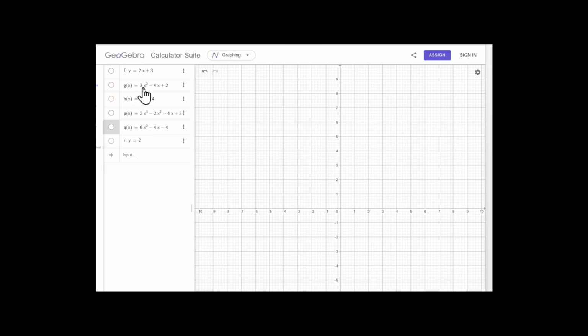Okay, we have 3x squared minus 4x plus 2, and it's a parabola that looks like that. Now, from infinity down to here, what do we notice about the gradient?